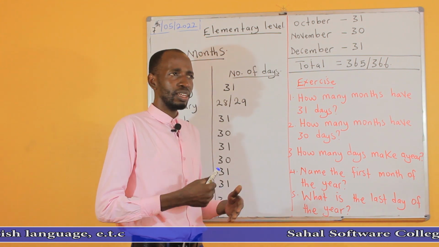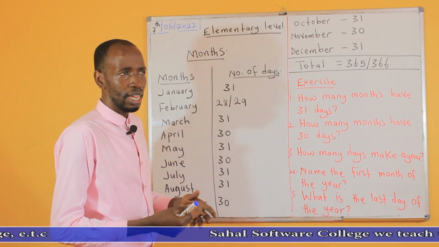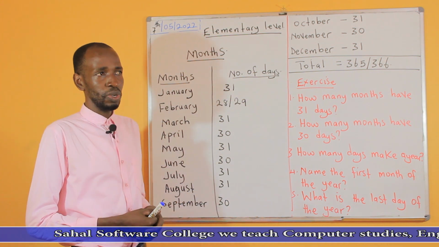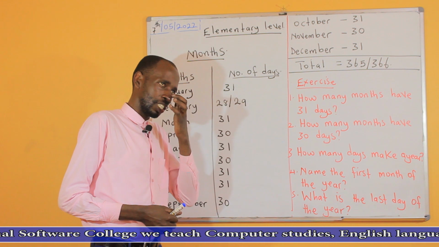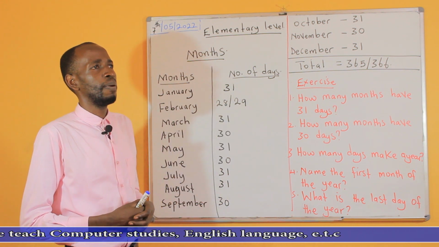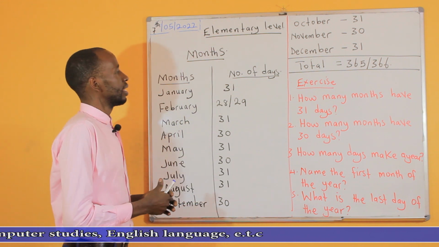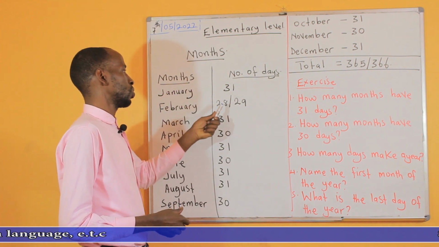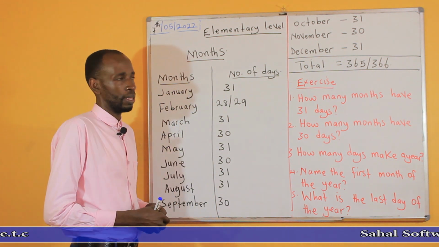So we need to understand that here in Uganda we have wet season, especially in September, and we have dry season in July. Okay, then you need to understand the months and also the number of days in the month.